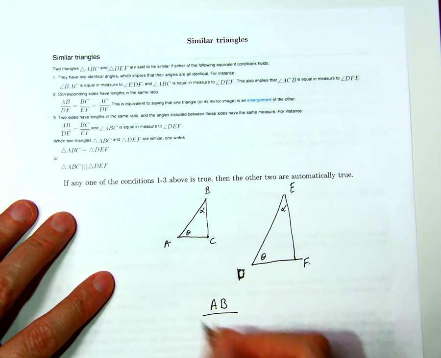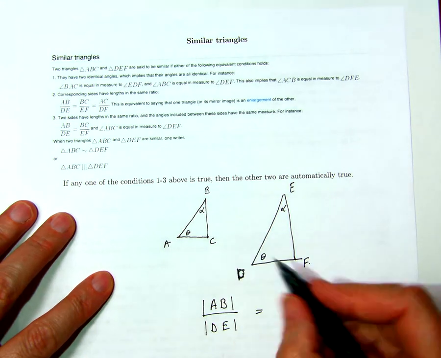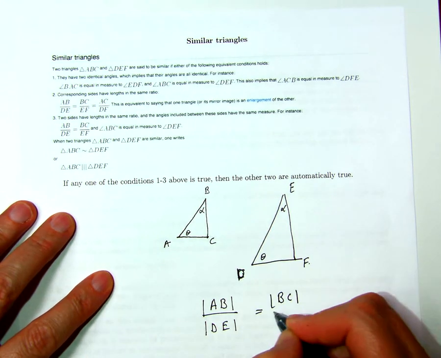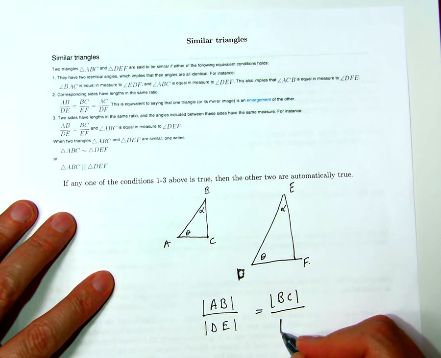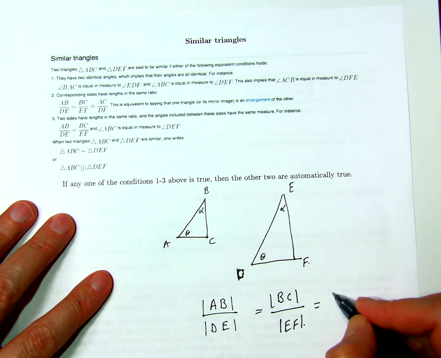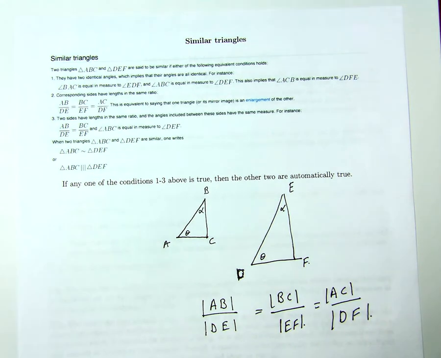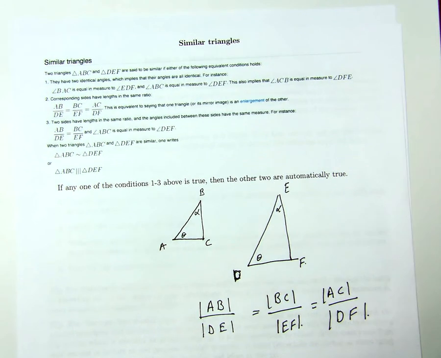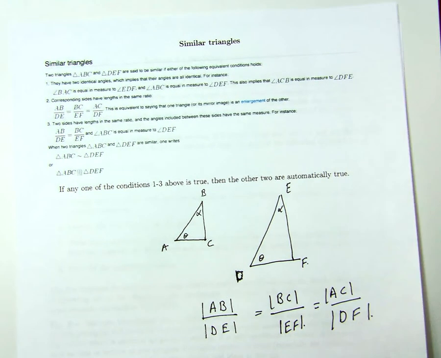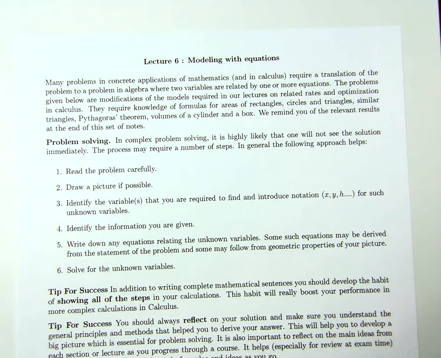The length of AB over the length of the corresponding side DE is equal to the length of BC over the length of the corresponding side EF, which is equal to the length of AC over the length of DF, the corresponding side in the new triangle.